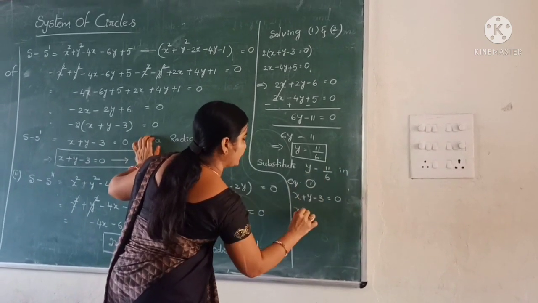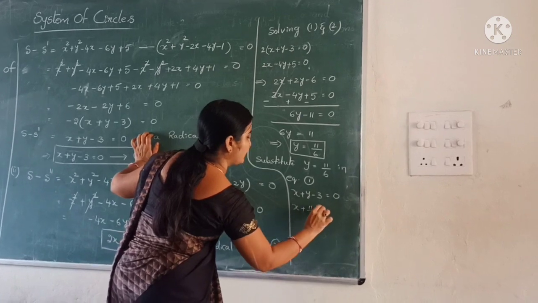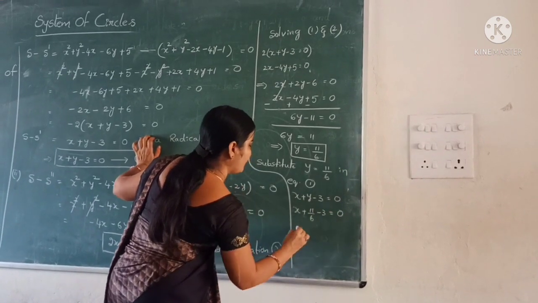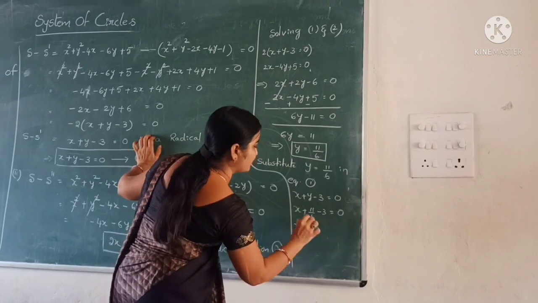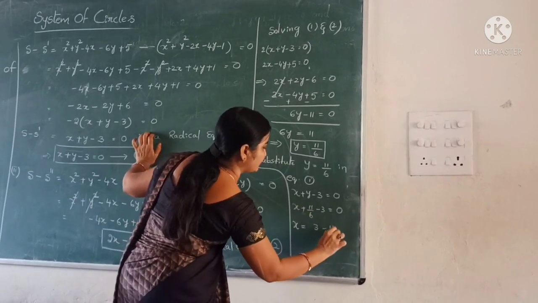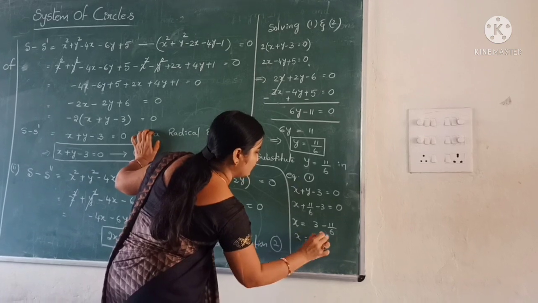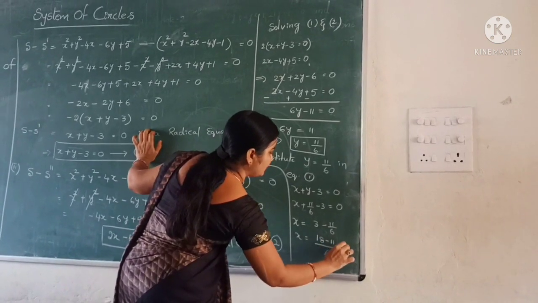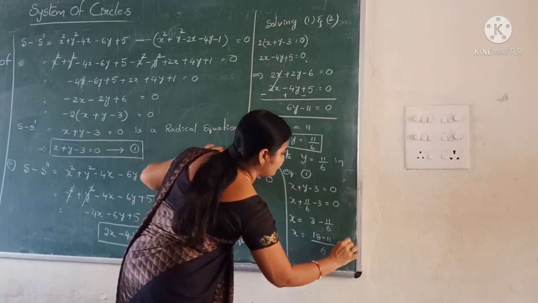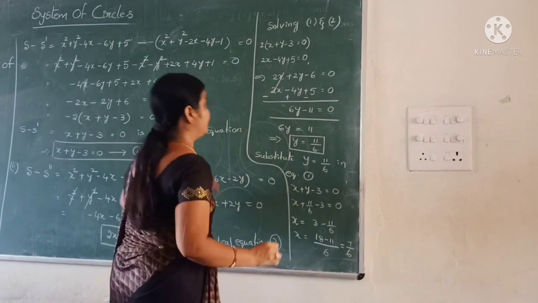So with the y value, x plus 11 by 6 minus 3 is equal to 0. x is equal to, moving the minus 3 across it becomes plus, and plus 11 by 6 becomes minus 11 by 6. So x is equal to, taking LCM 6, 18 minus 11, so 7 by 6.